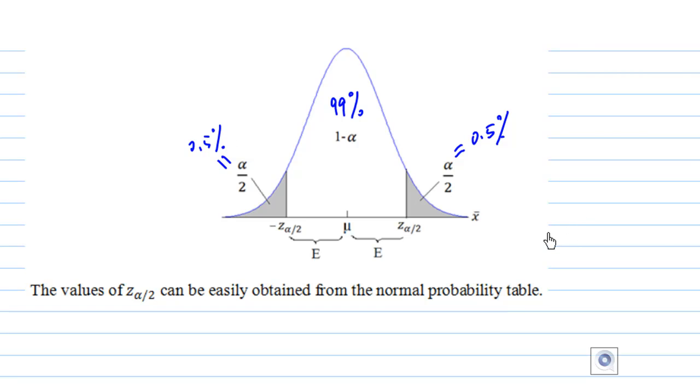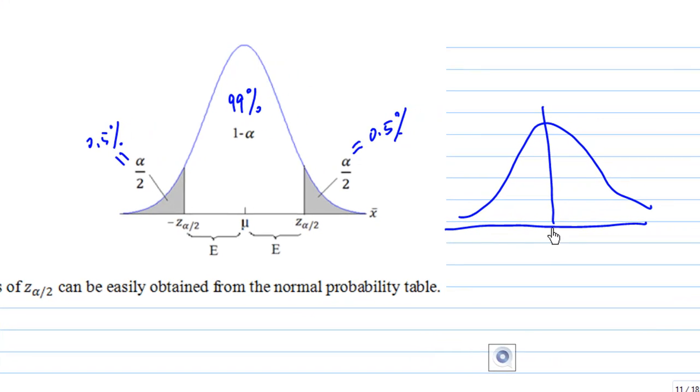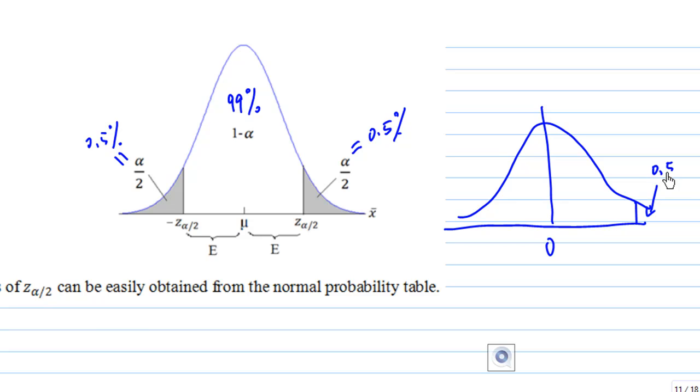If you draw the standard normal graph, where the center is 0, and the tail is 0.5%, that means the area from the center to Z alpha over 2 is 49.5%, which is equal to 0.495.